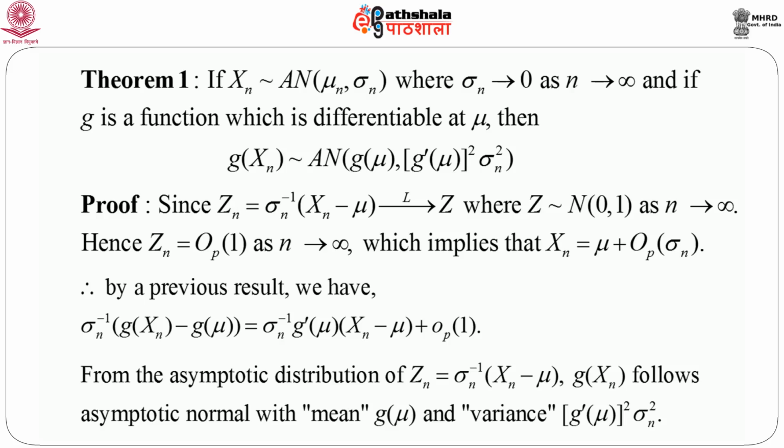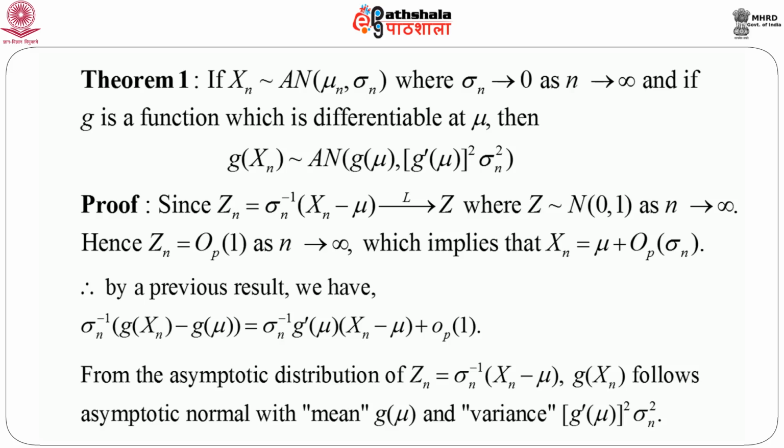So by the previous result we can immediately write that sigma n to the power minus 1 (g(Xn) minus g(mu)) equals to sigma n to the power minus 1 g prime(mu) into (Xn minus mu) plus small o p of 1.